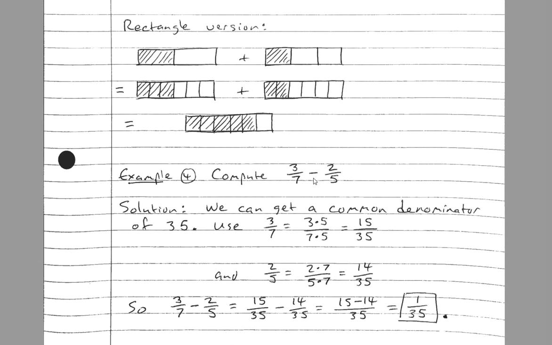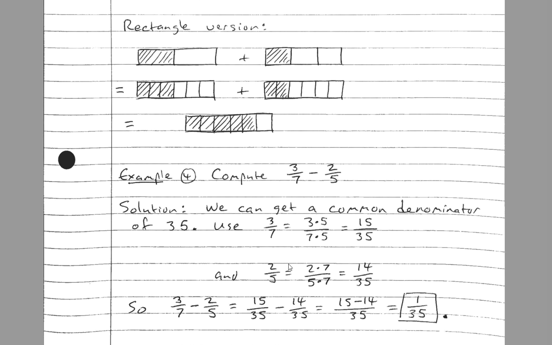And it's exactly the same for subtraction. So 3/7 minus 2/5. In the difficult case, we have unlike fractions, different denominators. Okay, so you can see that a common denominator we can use is 35. So if we hit this first guy with 5s, multiply the top and bottom by 5, we get 15/35.